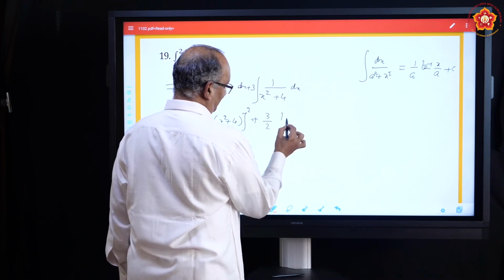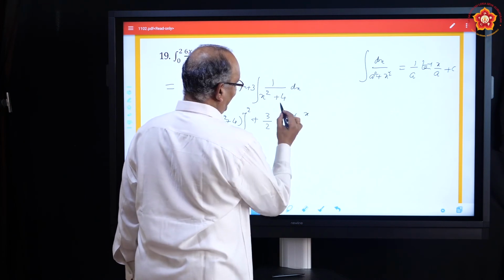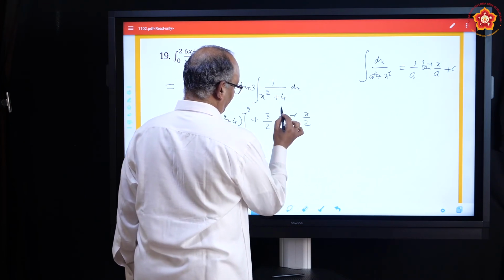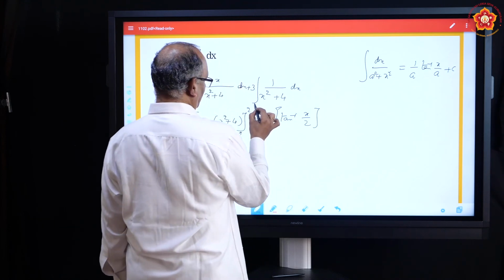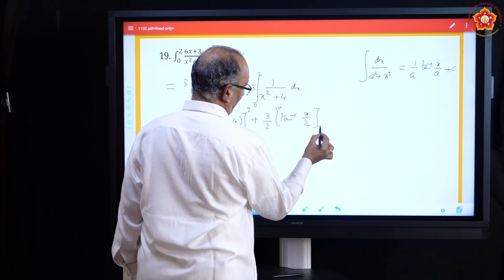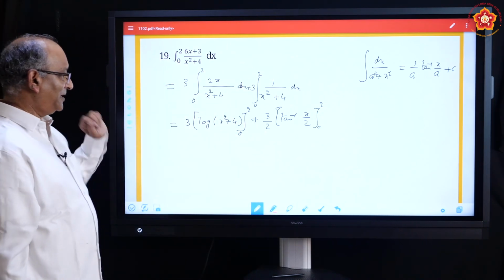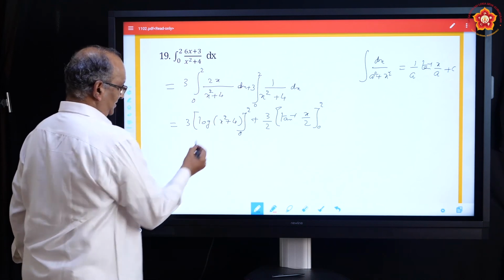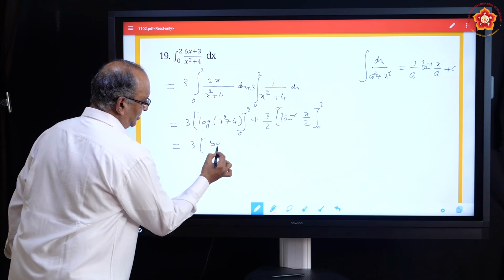Tan inverse x by a. a is nothing but 2. And the limits are 0 to 2. First substitute the upper limit and then substitute the lower limit. So this becomes 3 log.